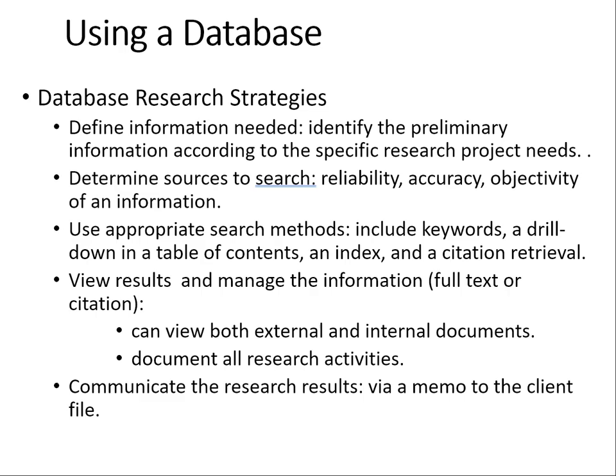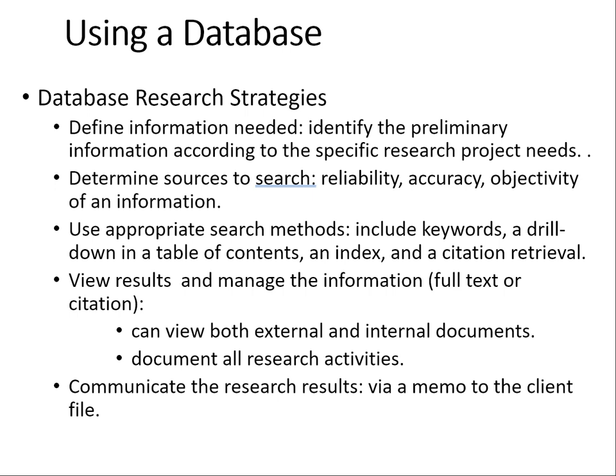For example, if we want to research what kind of accounting standard we need to apply, we're going to go to the FASB Accounting Codification database. That relates to the second step, determining the sources to search.